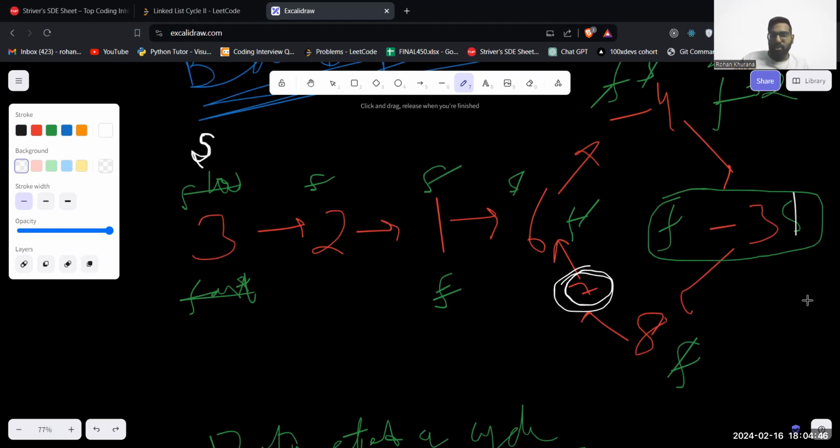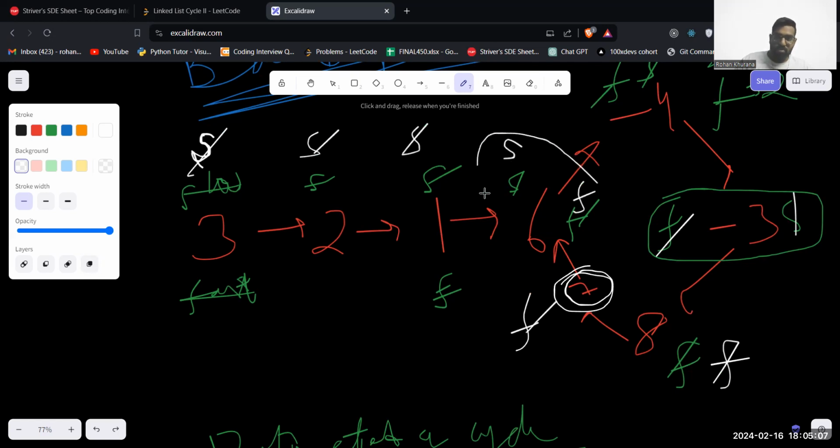Yeah, cool. Now let's move slow and fast by 1 point only. Let's move slow to this point. Fast moves to this point. Slow again moves to this point. Fast moves to this point. Slow moves to this point and fast again moves to this point. And this is the starting point, right?